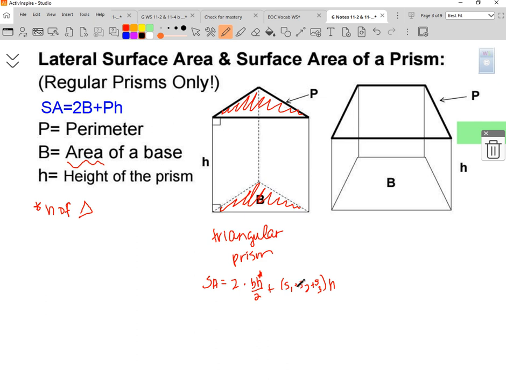And finally, you'll see in this particular one, these twos are going to cancel, right? So it's going to be surface area equals base times height plus S1 plus S2 plus S3 times the height.